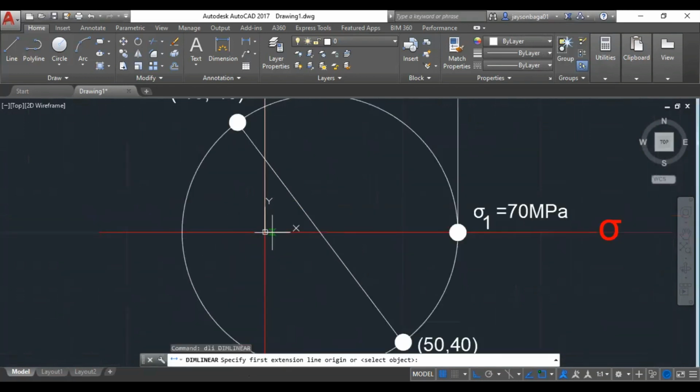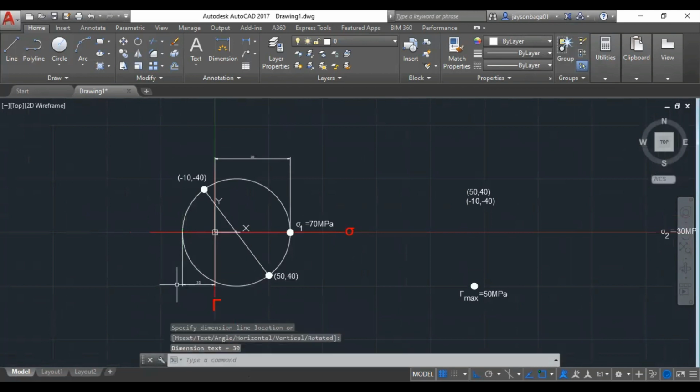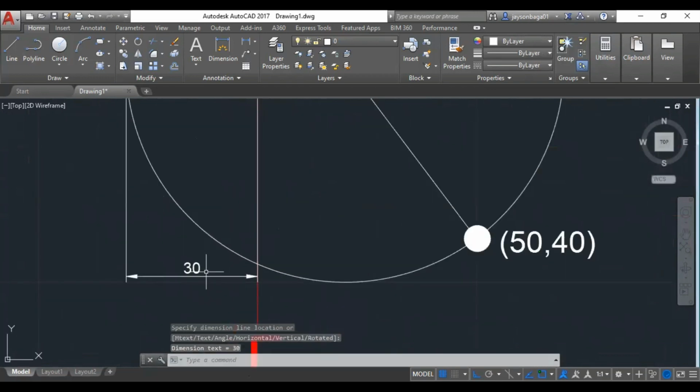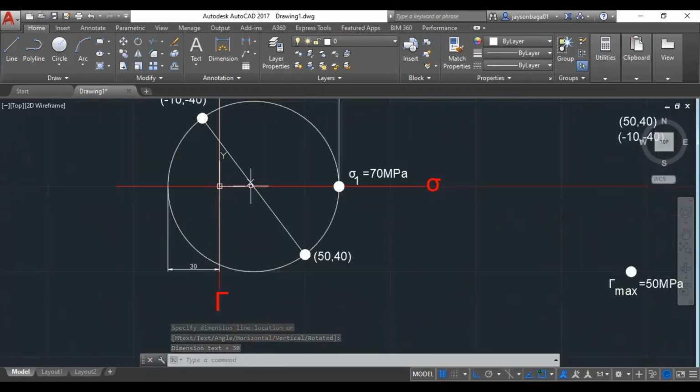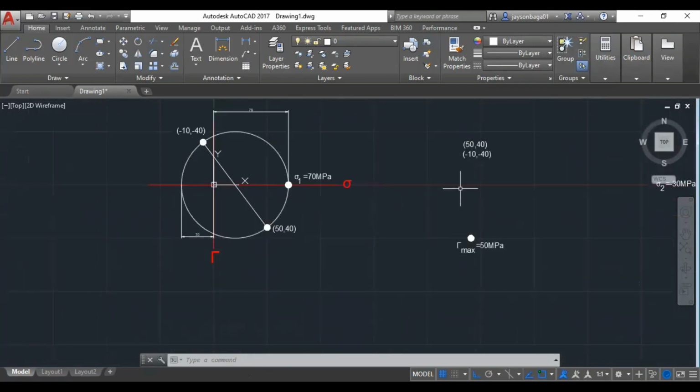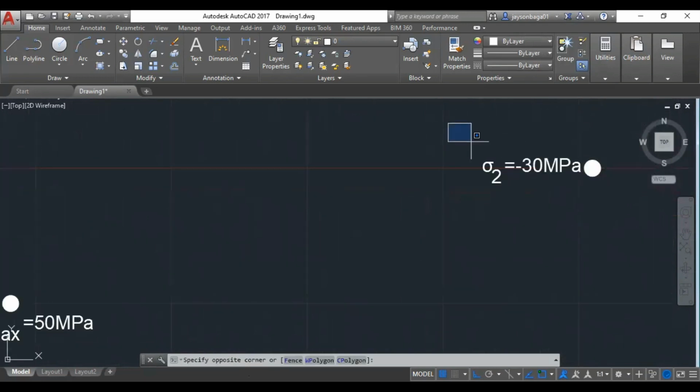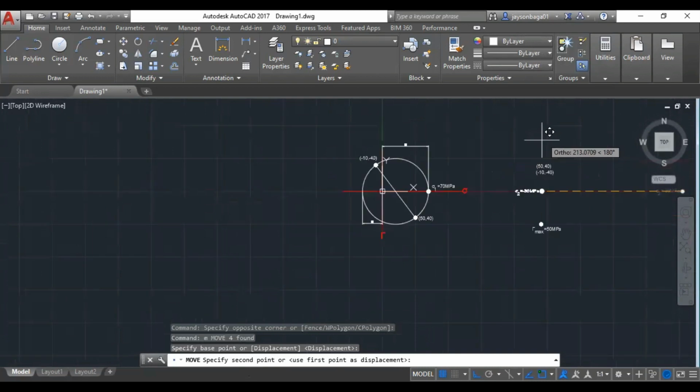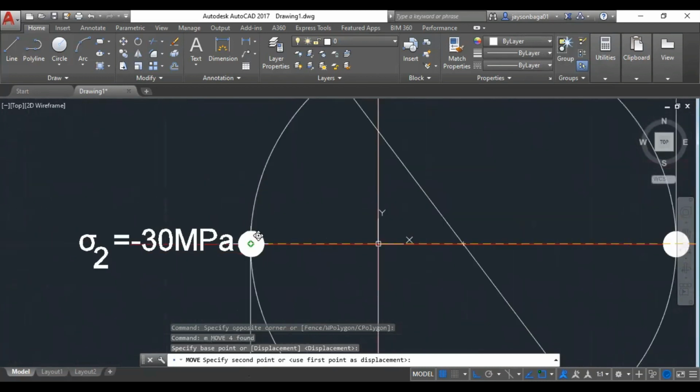Sa pagkuha ng distance natin dito, ang reference point natin is yung origin and then yung second point. So dito naman is 30. Kaya lang, di ba, since nasa kaliwa siya ng coordinate plane natin, negative ito pagdating sa x-axis. So kaya ang sigma 2 natin is negative 30 megapascal.